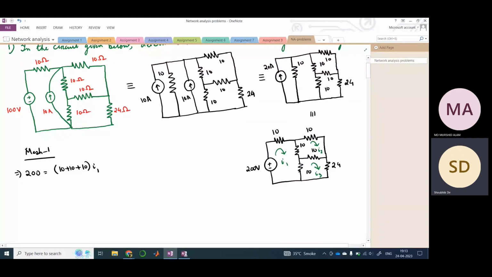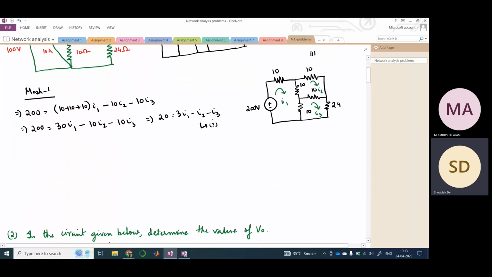Similarly for I3, therefore this would be minus 10 I2 minus 10 I3, right? So this would be 200 equals 30 I1 minus 10 I2 minus 10 I3. So this would be 20 equals 3 I1 minus I2 minus I3. So this would be our first equation.